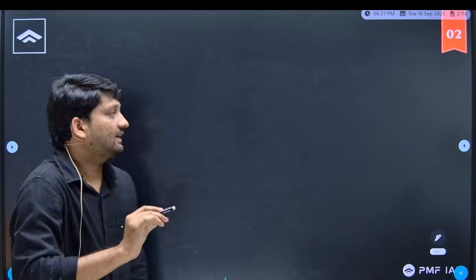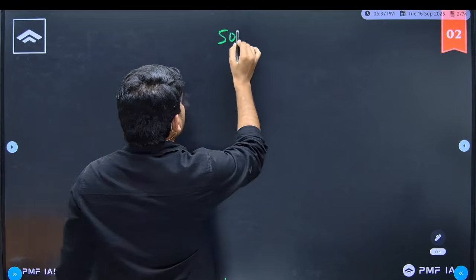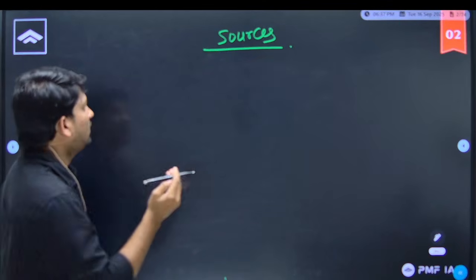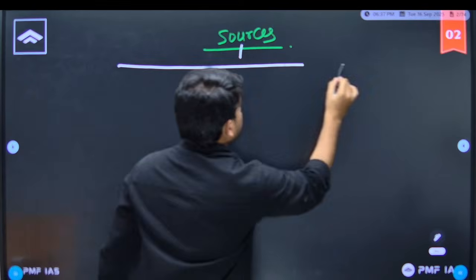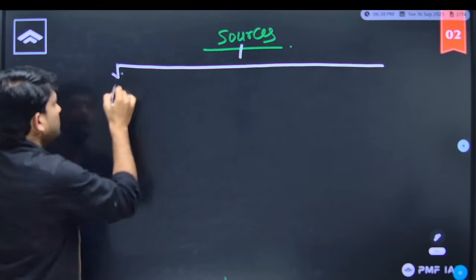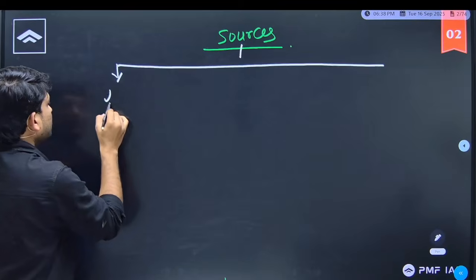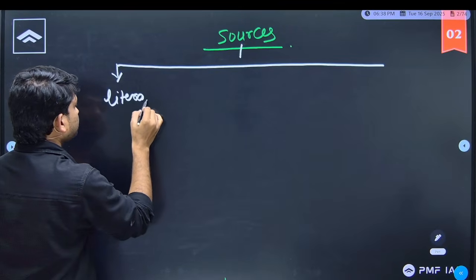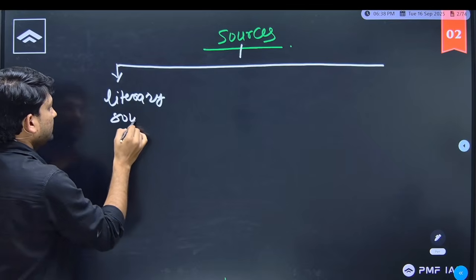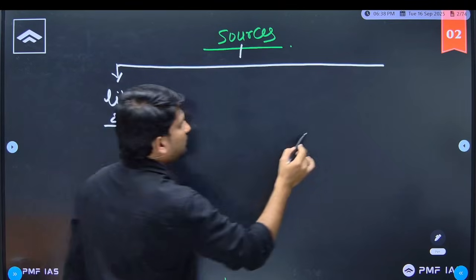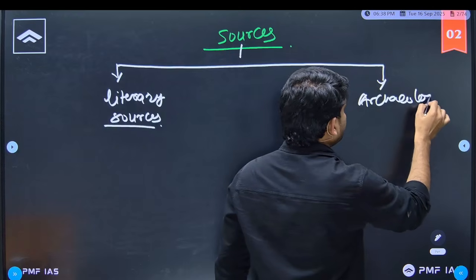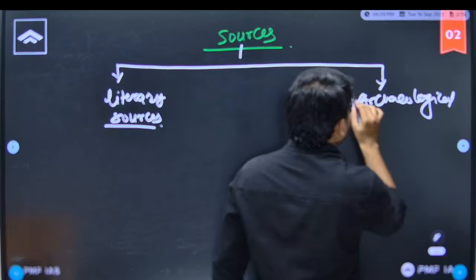In the second lecture, we discussed various sources of history. Which are these sources? All these sources are divided into two groups. First is the literary source, meaning text, and second is the archaeological source or archaeological remains.